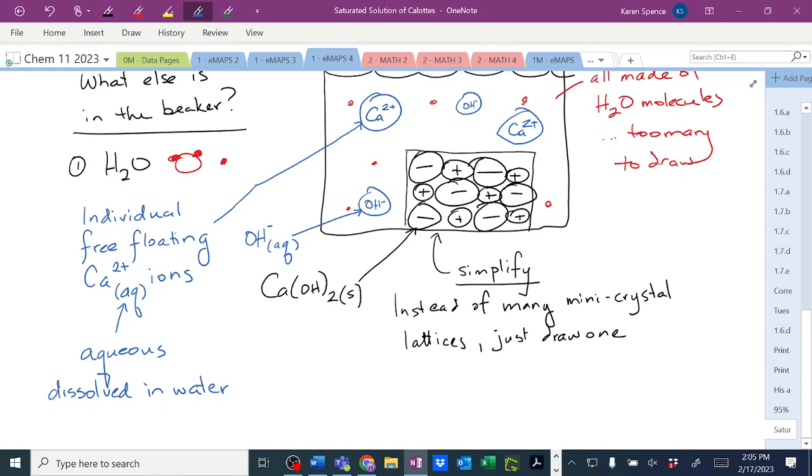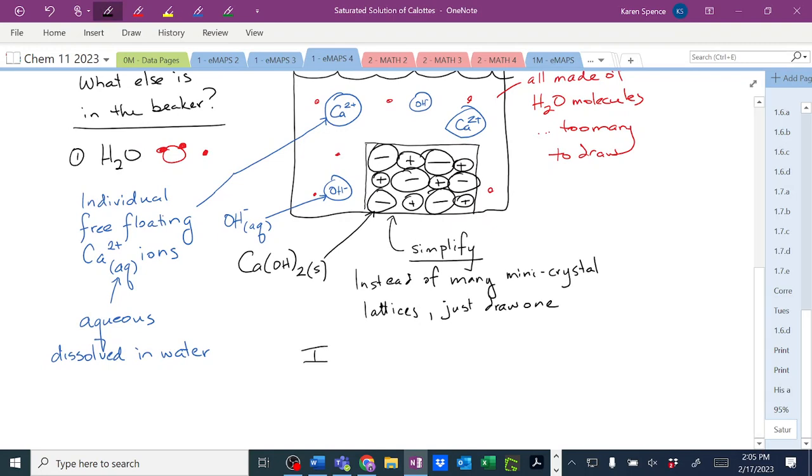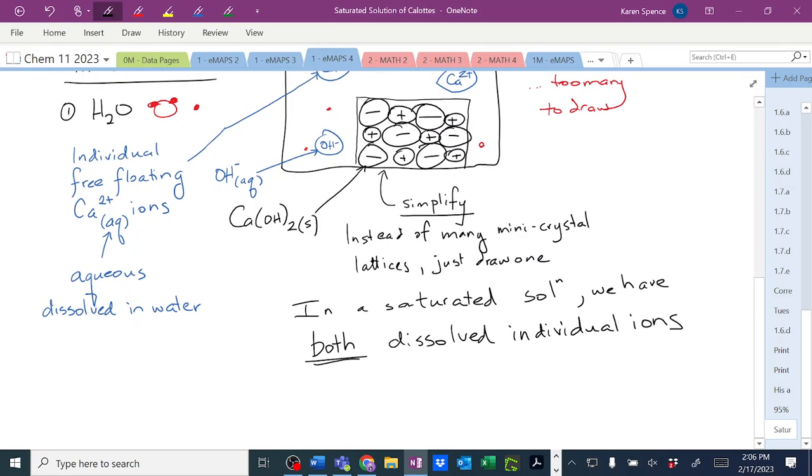So in our saturated solution, we have both dissolved free-floating ions, the dissolved individual ions, and some undissolved solid.